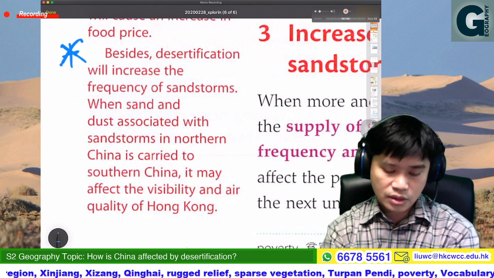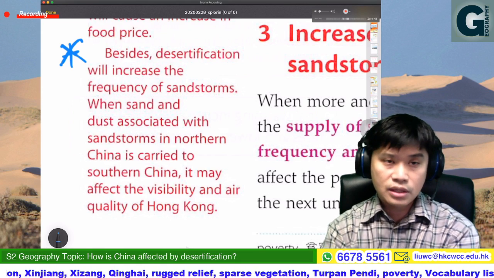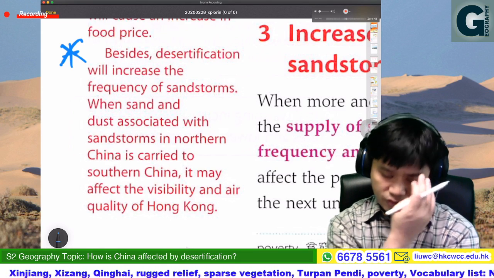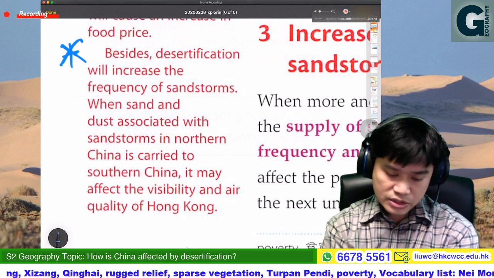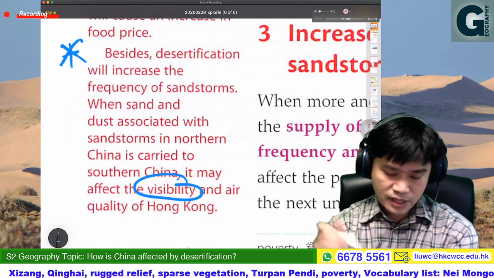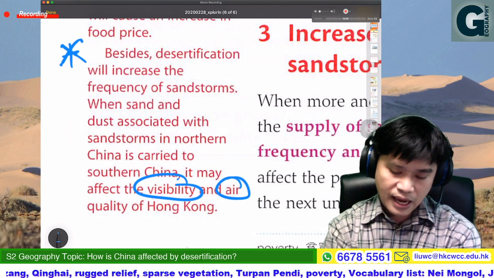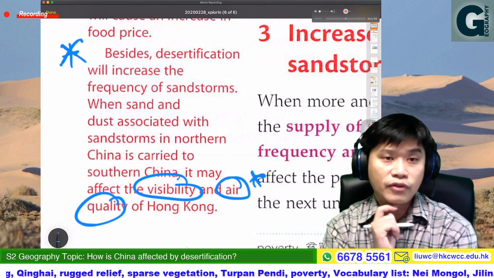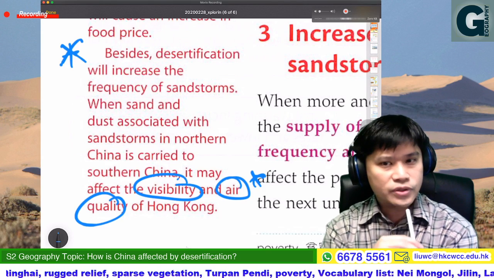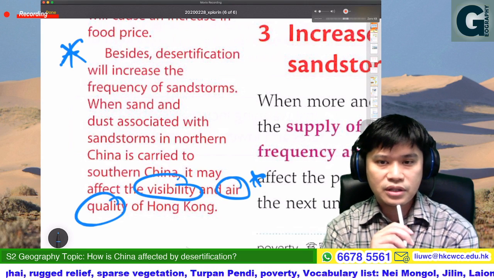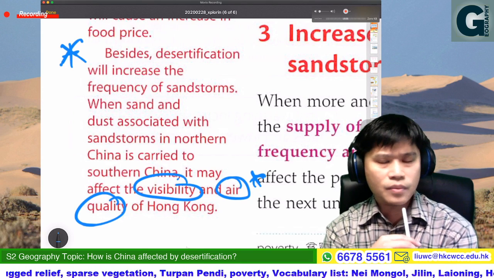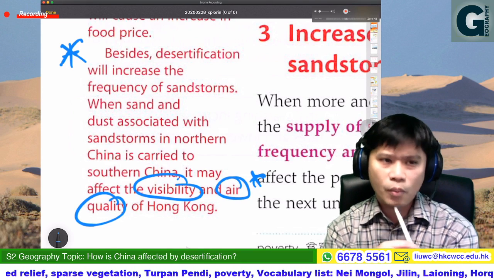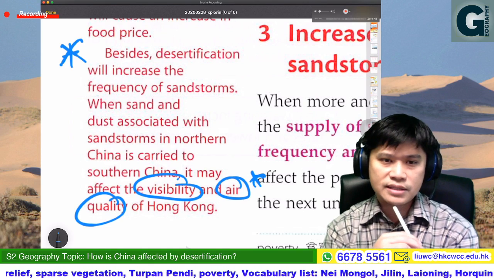I would say in Hong Kong, we have experienced the sandstorm from China before. Okay, so therefore, you can see that the sandstorm actually that will affect the visibility or especially the air quality of Hong Kong.